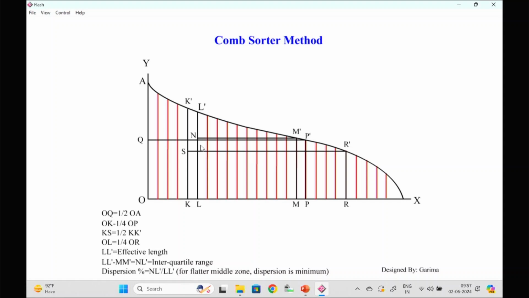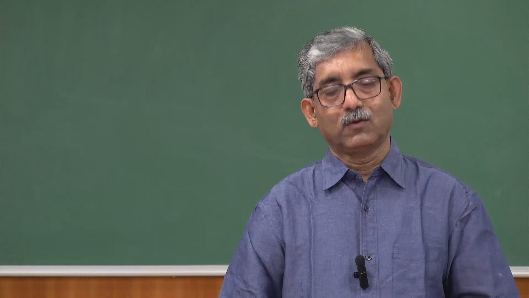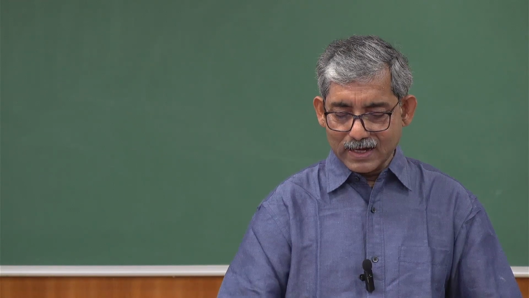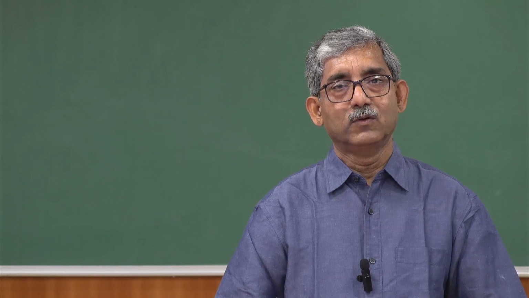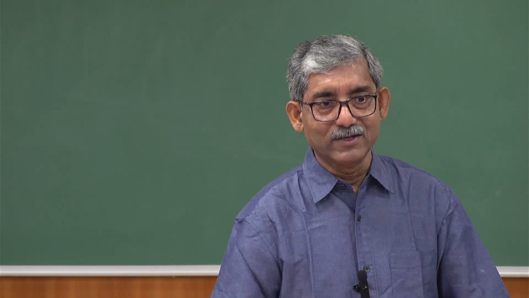Now the lower quartile length of the second approximation is M dash, where OM is 3/4 of OR. That means M dash is the lower quartile in the second approximation. The difference between the upper quartile and lower quartile length is known as the interquartile range.